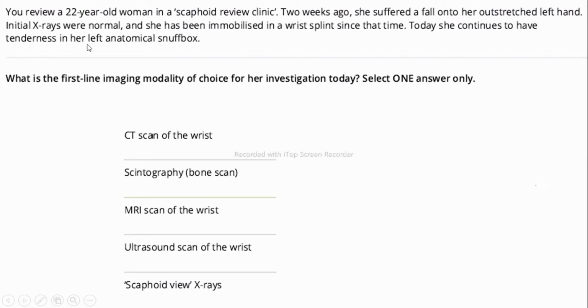Today, she continues to have tenderness in the left anatomical snuff box. What does it mean? Suspected scaphoid fracture, not improving after 2 weeks. What is the choice? MRI scan of the wrist.